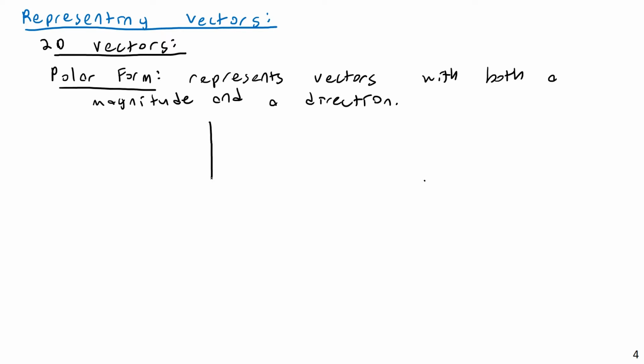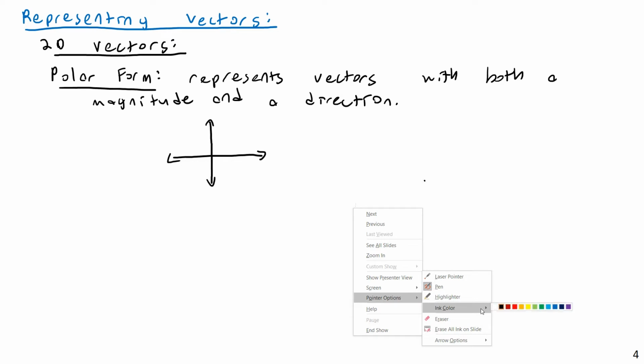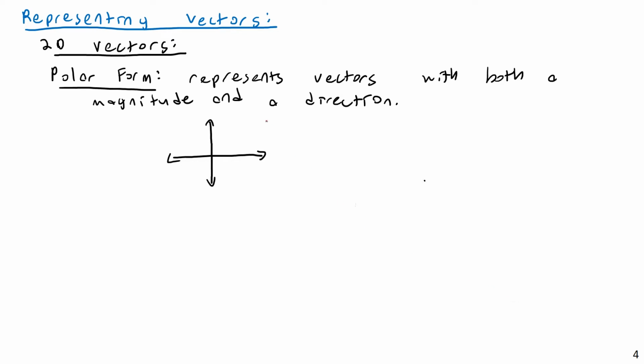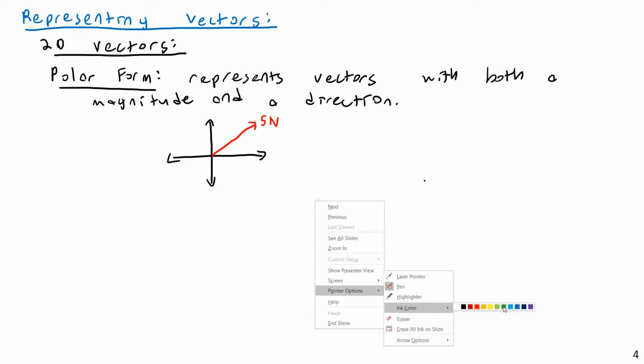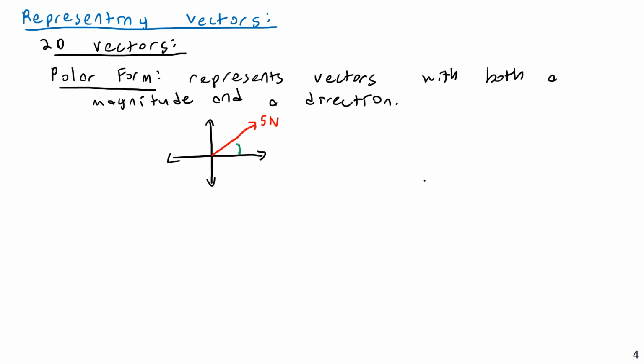So if you have, say, a set of axes here, x and y, and then let's say we have a vector, and let's go right to force vectors. Let's say this thing has a magnitude of 5 newtons, and it's at an angle of, say, 30 degrees from the horizontal.